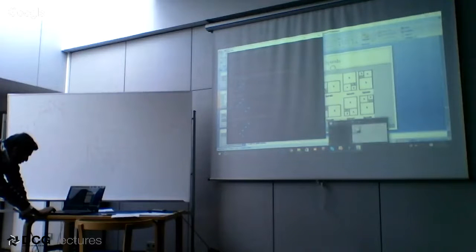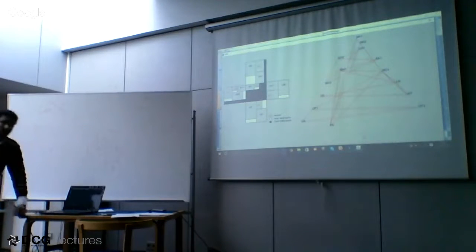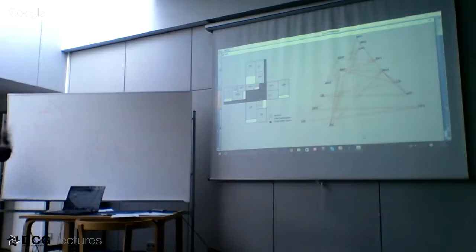And if you do all this hard work, then you have the plus shape floor plan and its graph.